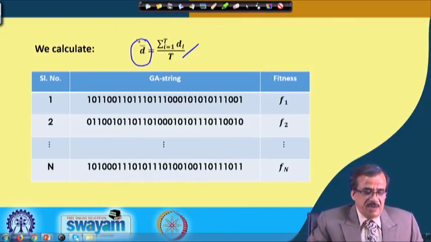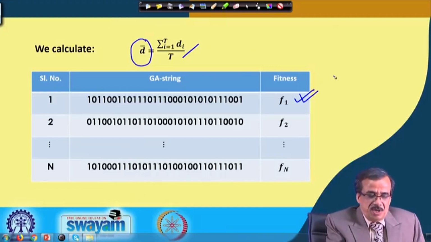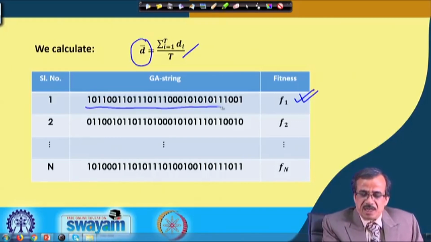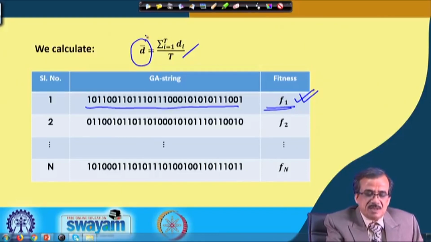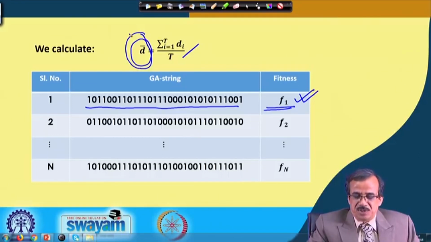This average deviation is nothing but the fitness of this particular first GST. So, this is the GST which we consider, and this is the fitness we got, and this F1 is nothing but D bar, that is the mean deviation.